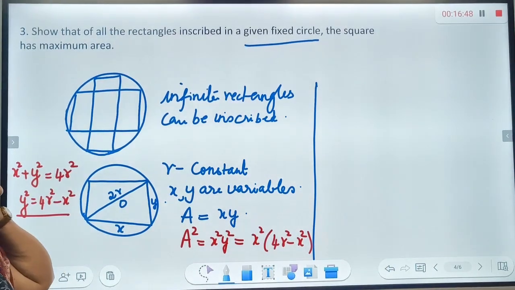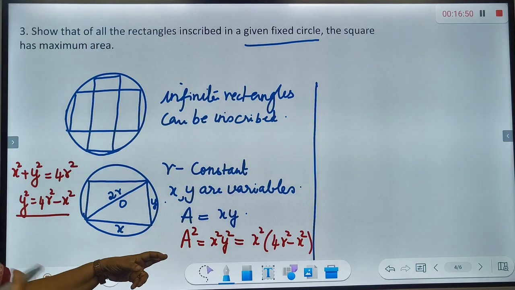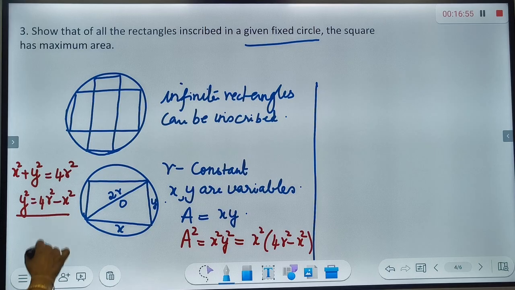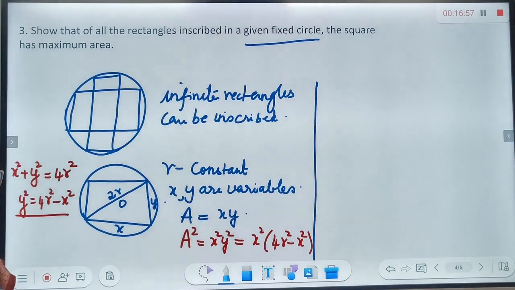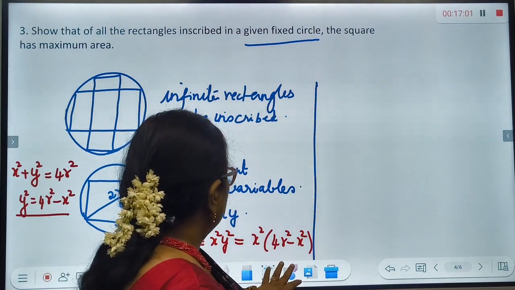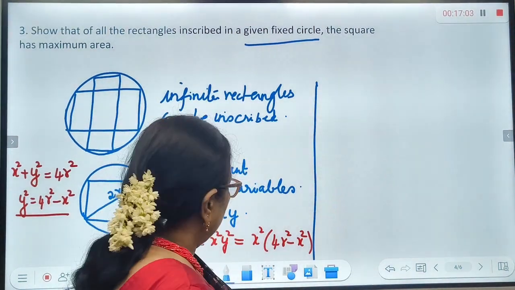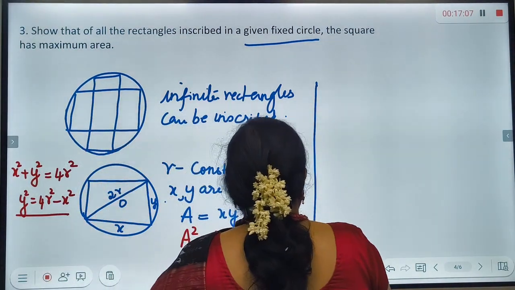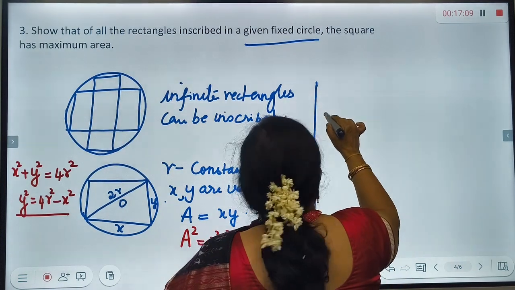But you can also do it by substituting like I did in the previous problem. y is root of 4r square minus x square. That method can also be used. I am just showing you different ways of doing a problem. So A square is x square into 4r square minus x square, where x is a variable, r is a constant.